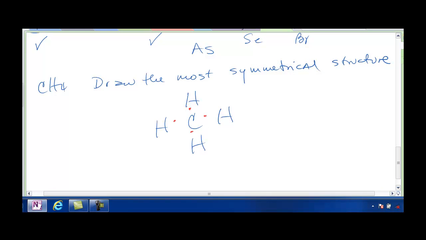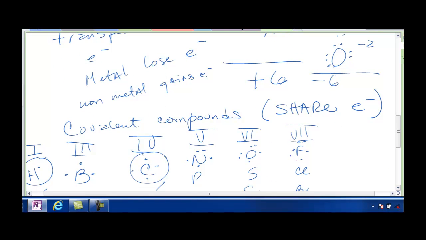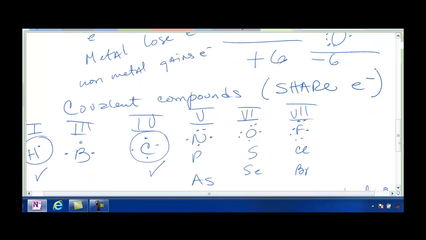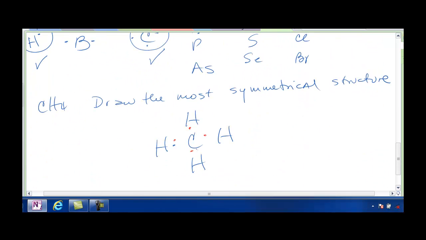And every carbon has 4 dots, so I am going to share those 4 dots. So I'm going to have 1, 2, 3, 4. I have 4 electron pairs, and every electron pair, according to Lewis, is a covalent bond.